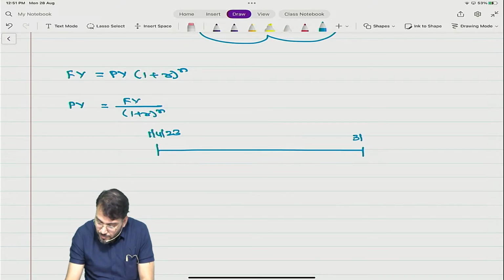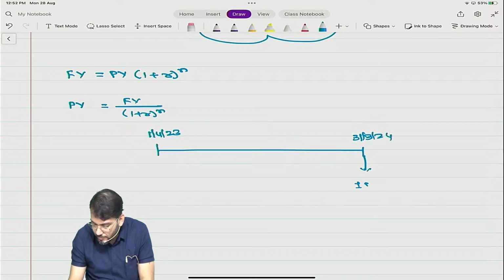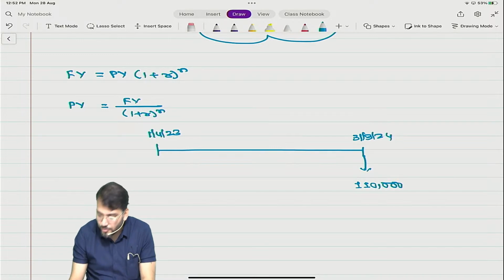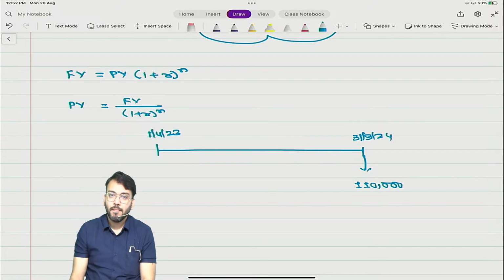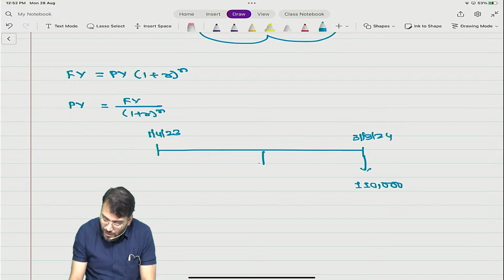Means after 31st March 2024, how much will you get from me? 1,10,000. Correct. Suppose rate of interest is 15%.